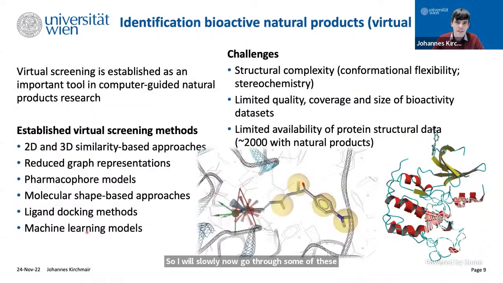The first one is virtual screening. Computational methods, in particular virtual screening methods, have a strong track record of success in natural products-based drug discovery, and there is a very broad range of computational methods that can be applied today for virtual screening of natural products. So we have powerful 2D and 3D similarity-based methods in place.